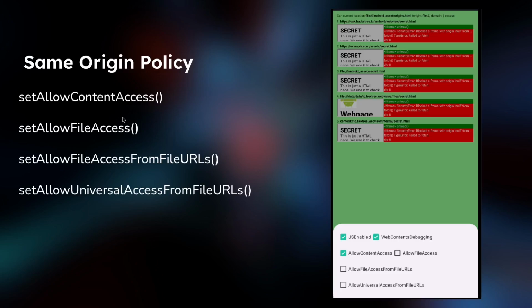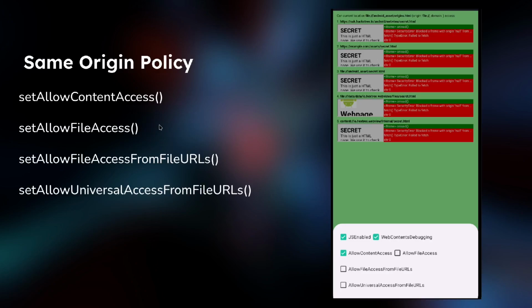The question is, do WebViews behave the same way? To answer that question, we need to talk about these functions again, which we talked about like 5 slides ago, with respect to how they fall in line with the same origin policy. So set allow content access enables or disables content URL access within a WebView. That makes sense.